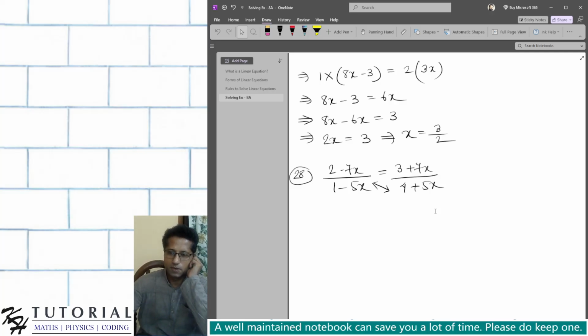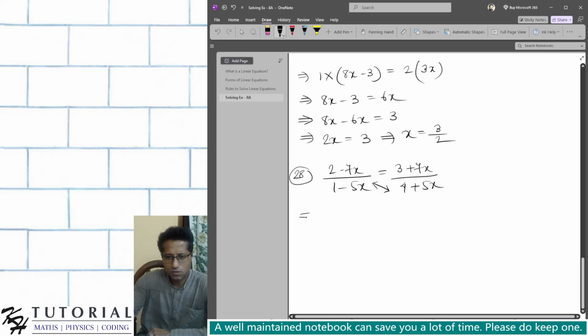But 3 plus 7x divided by 4 plus 5x is not a linear polynomial. This is not even a polynomial. But if you do cross product, you will see that the equation will get reduced to linear form. So let's do the cross multiplication.